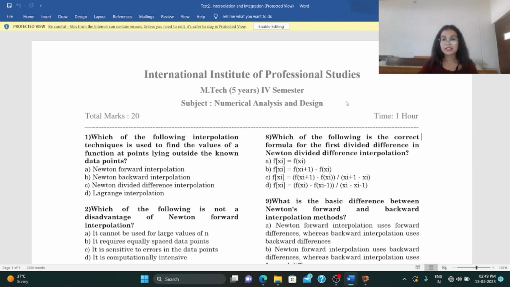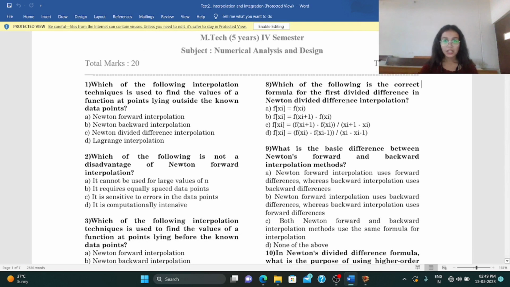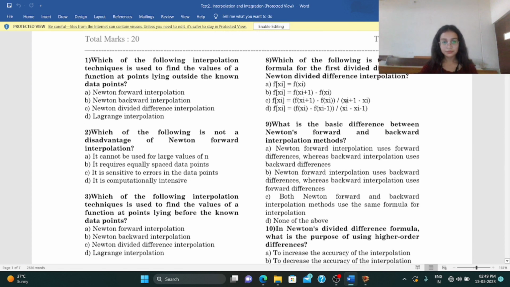D. Function of xi equals function of xi minus function of xi minus 1 divided by xi minus 1. And the correct answer is D. Function of xi equals function of xi minus function of xi minus 1 divided by xi minus 1.